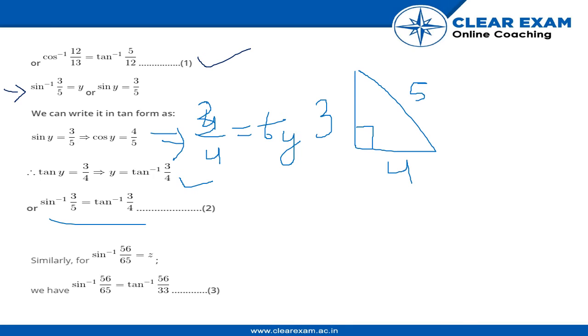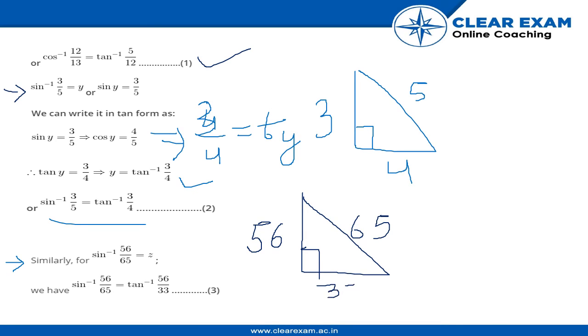Now let us move to the third and last term, on the right hand side, that is sin inverse 56 by 65. So let's draw the triangle again. This is a right angle triangle, and this is sin inverse 56 by 65. So this side is 56, this side is 65, and by Pythagoras this becomes 33.